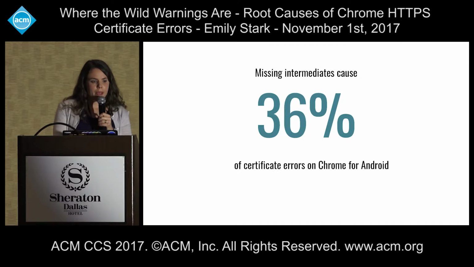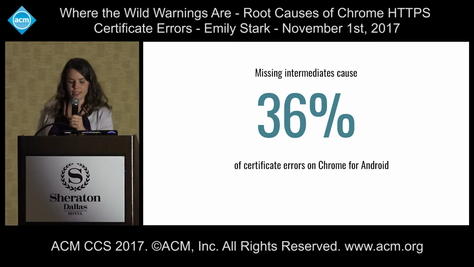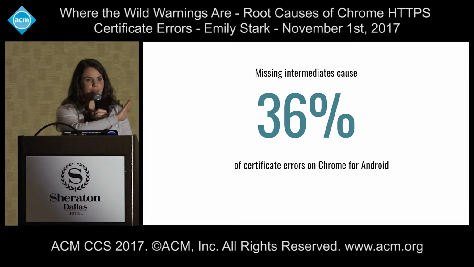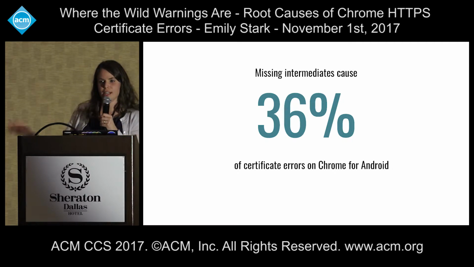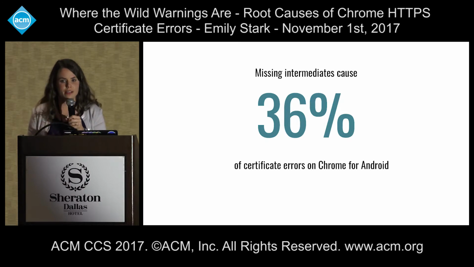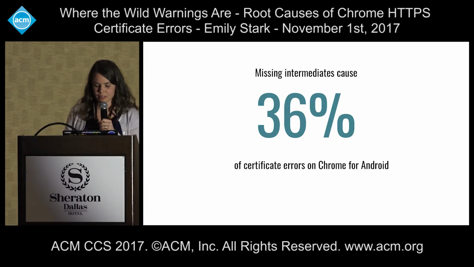So this problem is 36% of all certificate errors on Chrome for Android. And I will explain why this is Android specifically, but this is huge. This is kind of akin to bad client clocks on Windows. It's not even worth focusing on anything else until we fix this.